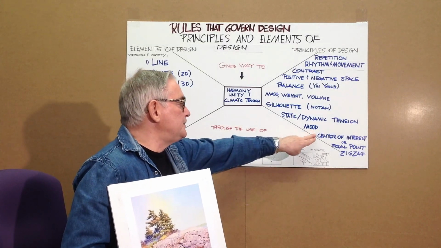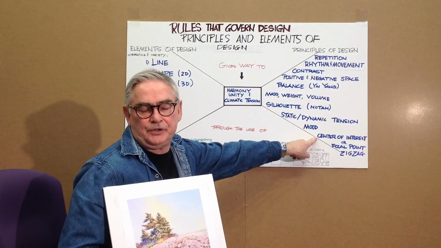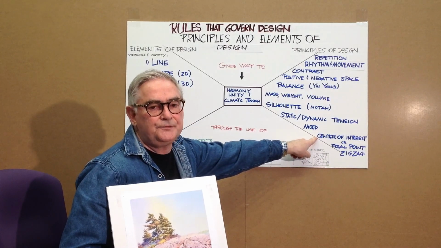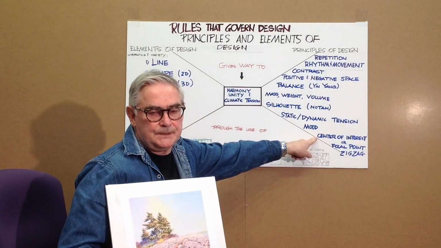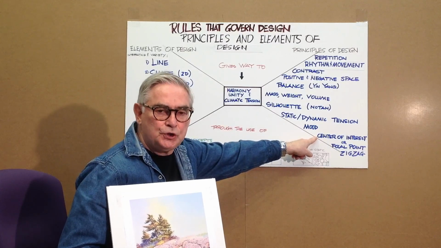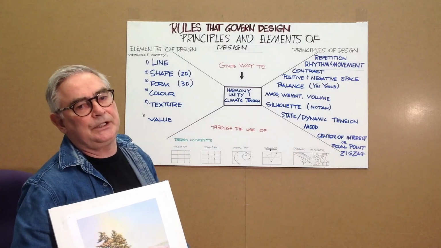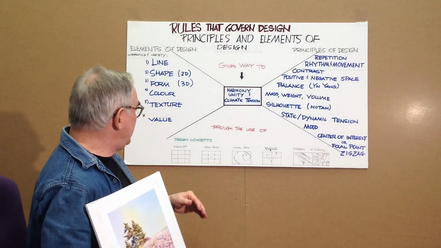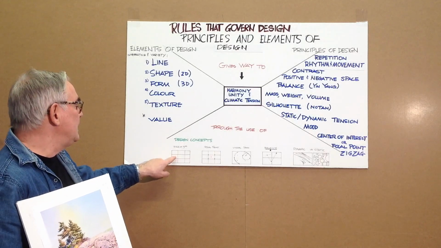And of course, this should probably be up at the top, but center of interest and focal point is the very first thing the viewer looks at in 2.5 seconds. In representational painting, you should have a focal point. You should design your painting so that you bring the eye to the white area and to the rule of thirds. Okay?